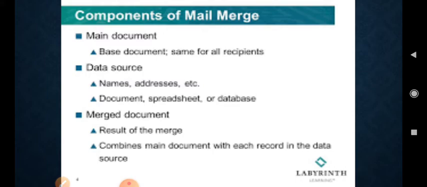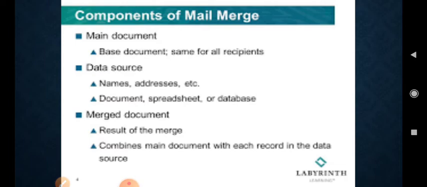So while using the Mail Merge wizard, you have to prepare and save the main document, okay, and then start with the wizard keeping that document open. So you have to keep that document open. So in further I will explain you how to do it.